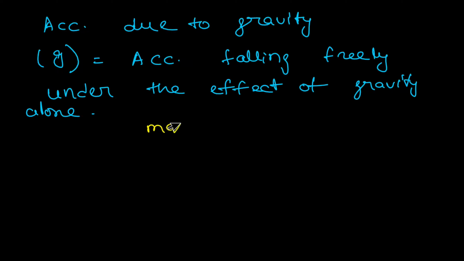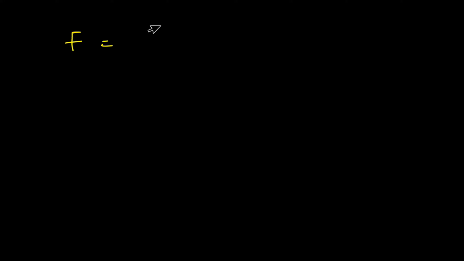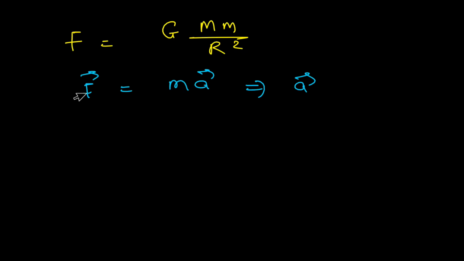Suppose a body of mass m is near the surface of Earth. Then the force due to the gravitational pull of Earth on that body is equal to G mass of Earth into mass of body upon radius of Earth square. Now, we have to calculate the acceleration set up in the body due to this force. We know that force is equal to mass into acceleration, which implies that acceleration is equal to force upon mass.